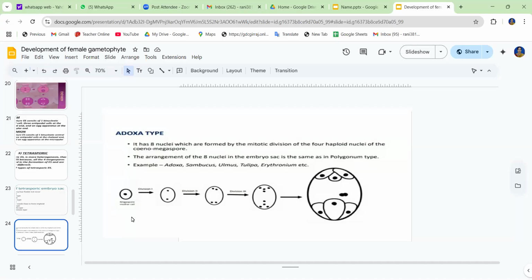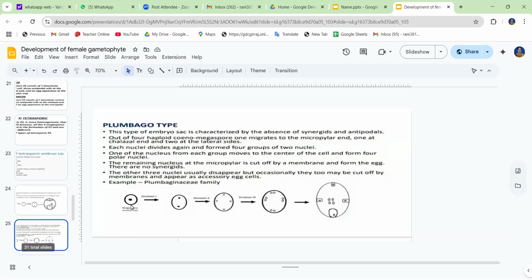It is very common: a normal egg apparatus, 3 antipodal cells, and 2 polar nuclei. This type of embryo sac is regular in Adoxa and Sambucus. It also occurs in some species of Alnus, Tulipa, and Erythronium. This is the commonest type among the tetrasporic embryo sacs.